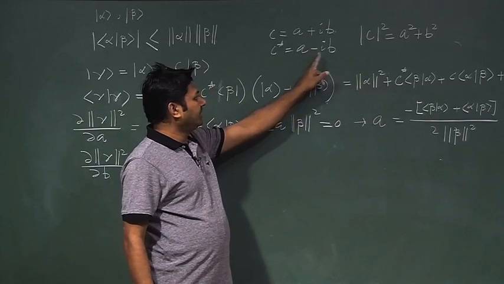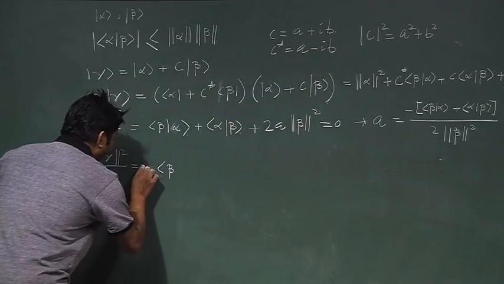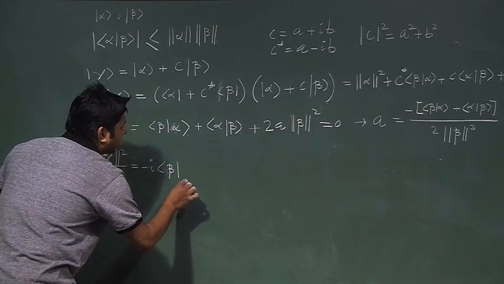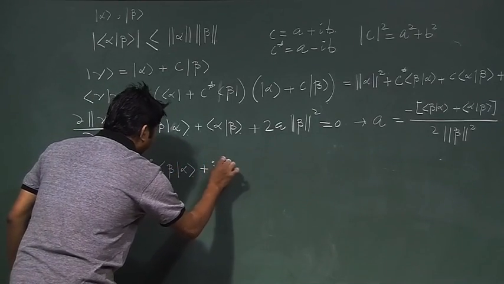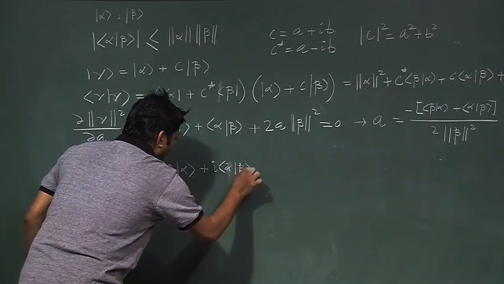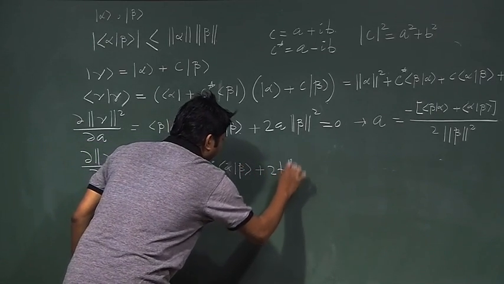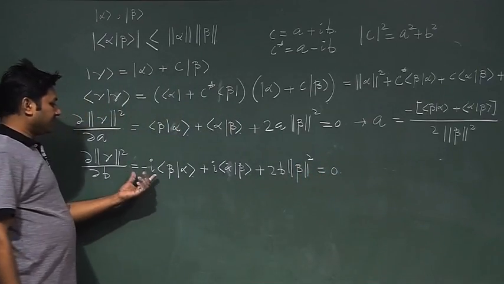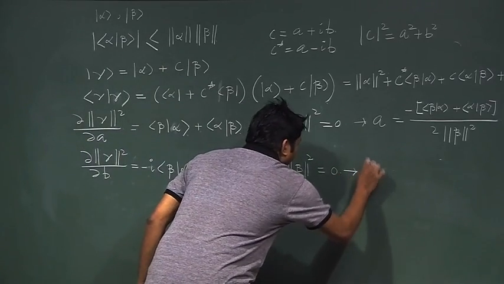C star is a minus ib, so minus of i b beta alpha, plus i alpha beta, the ordering is important here, plus 2b beta square, a similar kind of expression. So, this gives me the value of b.